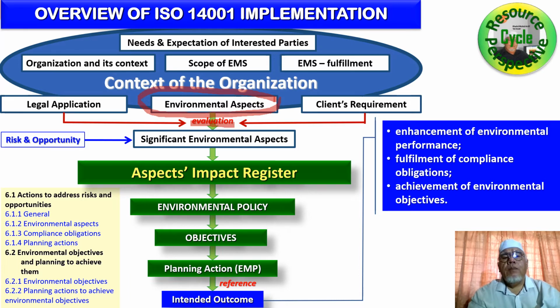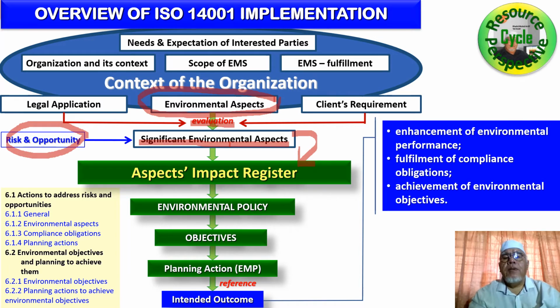Therefore, we call them significant environmental aspects because they cause significant impact. And we have done the risk and opportunity for each environmental aspect that we have. After we have done that, we sum them up in a summary, as you saw before, the dashboard. That is the impact register.